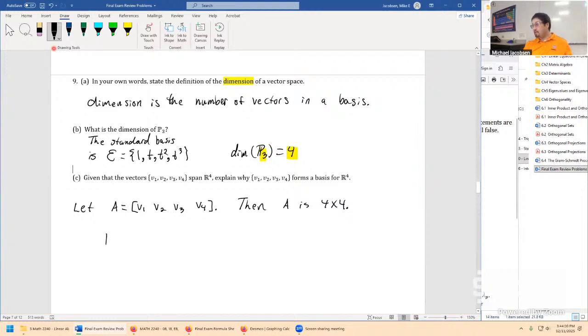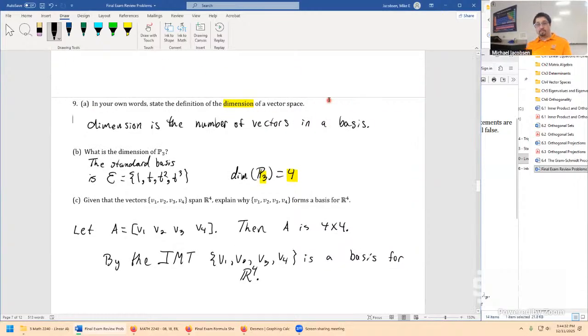So let's conclude here by the invertible matrix theorem: V1, V2, V3, V4 is a basis for R4. And we did it, folks. That's kind of a faster concept question on this one.